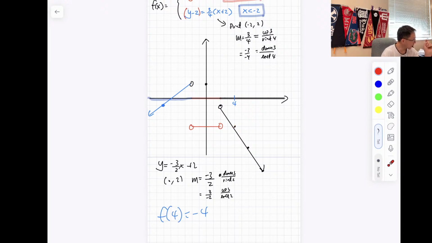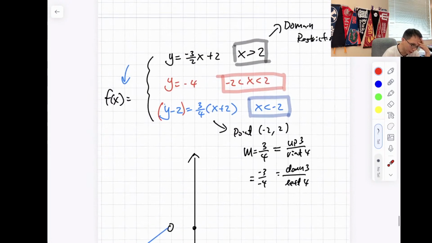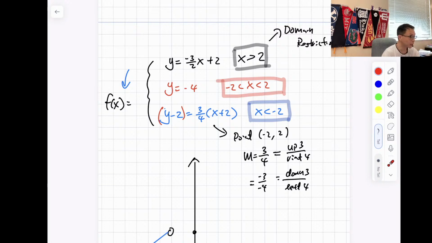Now, let's just say I don't know which equation I need to plug in. If I need to plug in the equation, which equation I should plug in? Anna? The first one, why? Right. X is greater than 2. 4 is greater than 2, then you must plug in the first one.